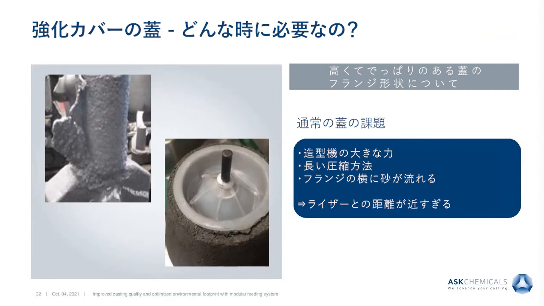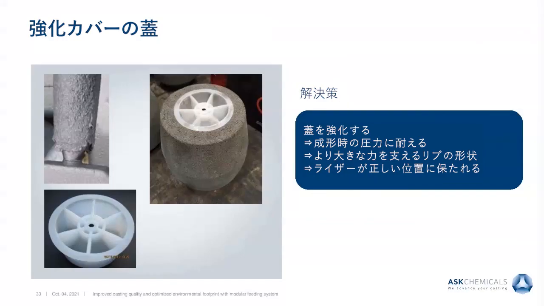So in a good case, the distance is not enough, and in some bad cases, the riser can be destroyed, like you can see here on the image, because the riser is going too much down during the compaction. That means the riser distance is too small. For this, we have developed these reinforced lids, which hold the riser in the right position, as you have already seen in the short movie before.